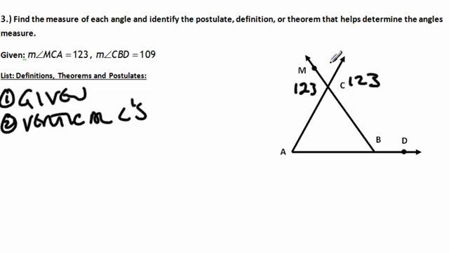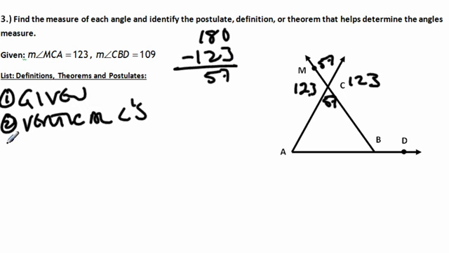And then we know this angle is 57 because these two angles are a linear pair and they add up to 180, and so you can get that by taking 180 minus 123, which is 57. So we used a linear pair. All right, so from here, there's no other information I can use.